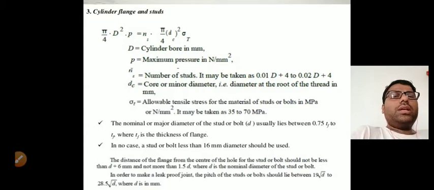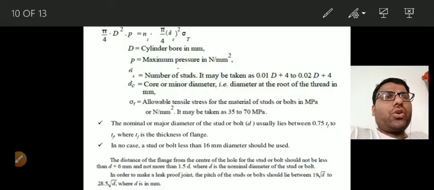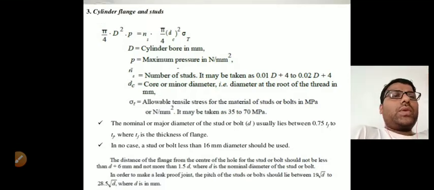So the capability of the cylinder flange and stud must be more than or equal to the stress produced on the cylinder head. So the stress produced is pi by 4 d square into p, equal to the stress produced on the stud or flange, right?